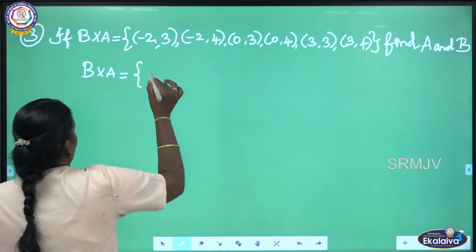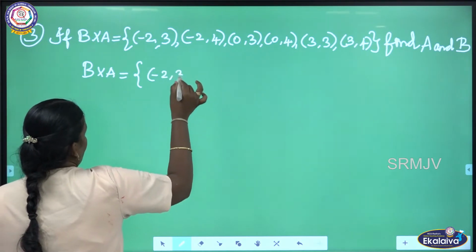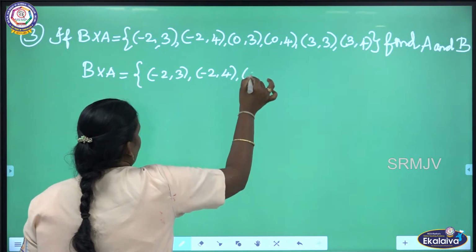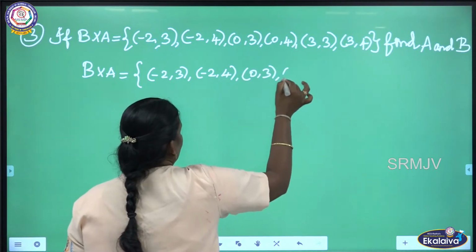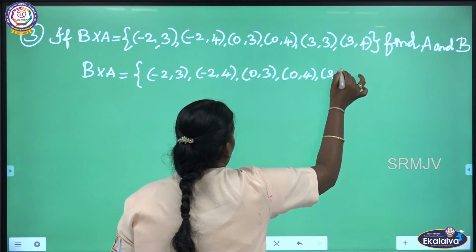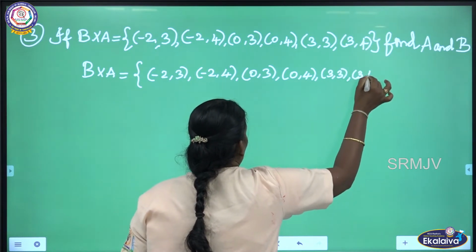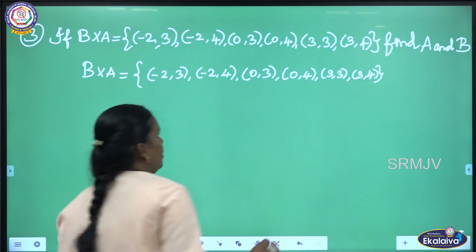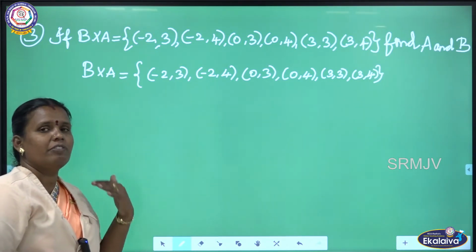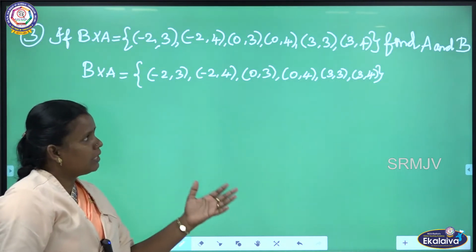Then (-2,3), (-2,4), (0,3), (0,4), (3,3), (3,4).